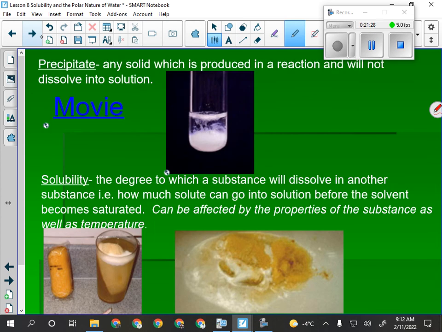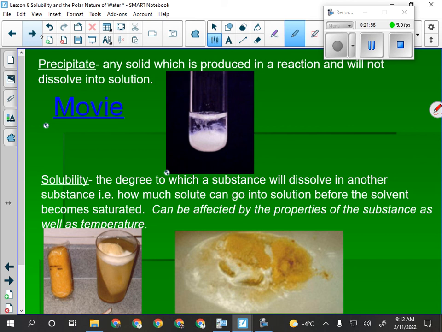All right, a precipitate is any solid that is produced in a chemical reaction and will not dissolve. When we do our reactions lab in a week or so, okay, our reactions lab is going to involve putting things together, mixing them together. And we're going to have a couple of reactions where you take two clear solutions, mix them together, and all of a sudden you get like a solid material that falls out of the solution, out of the mixture.